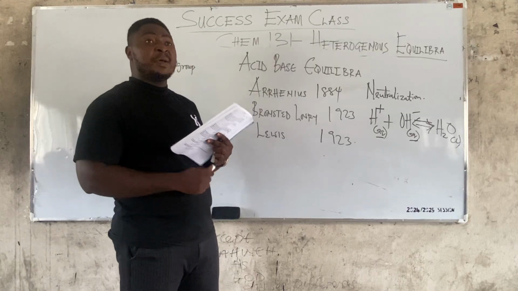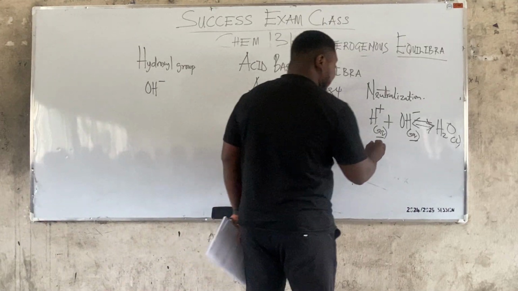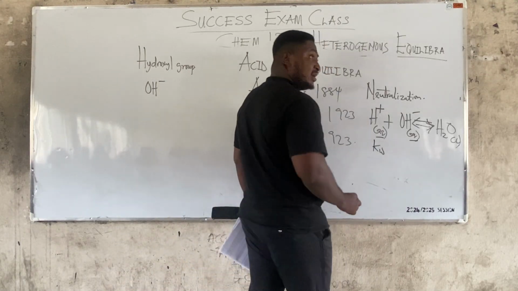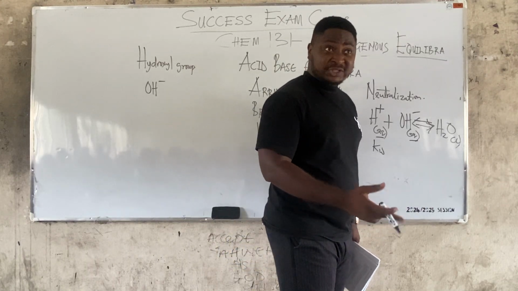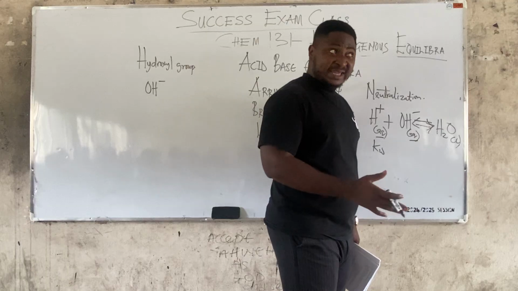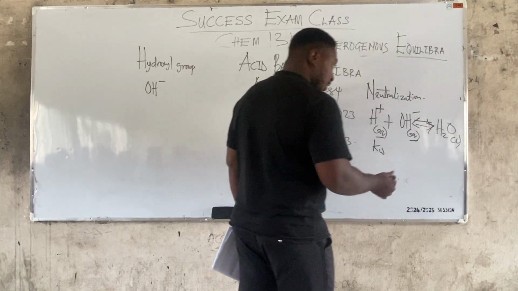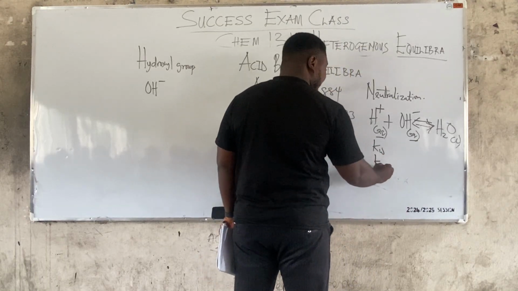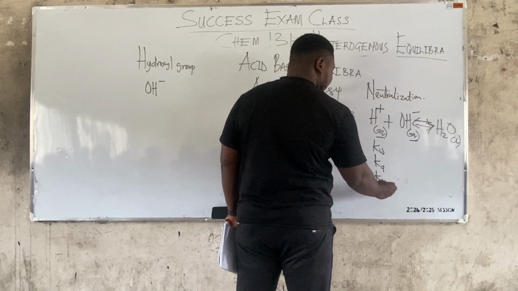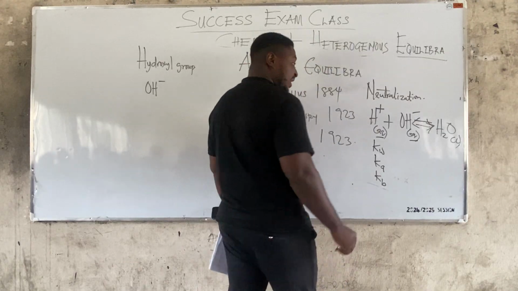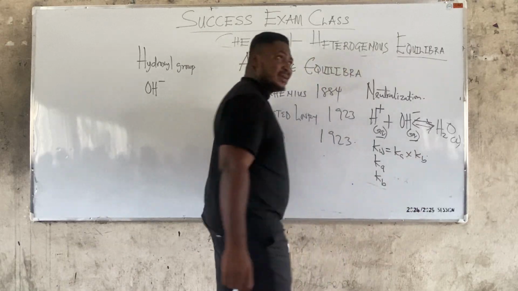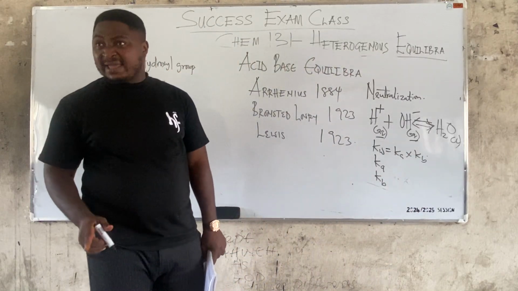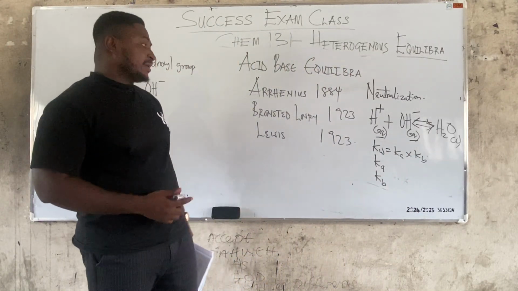Just that class, the equilibrium constant, if it involves water, is Kw instead of Kc. When we did salt, Kc changed to Ksp. Now we're dealing with acid, base, and water. If it's water, Kw. If it's acid, Ka. If it's base, Kb. The funny thing is that Kw is actually equal to Ka multiplied by Kb. We'll come to that later.